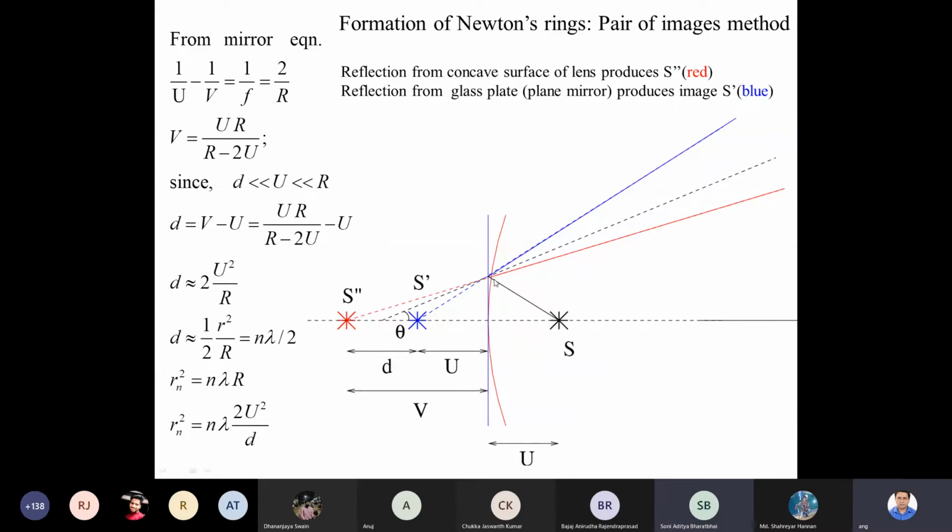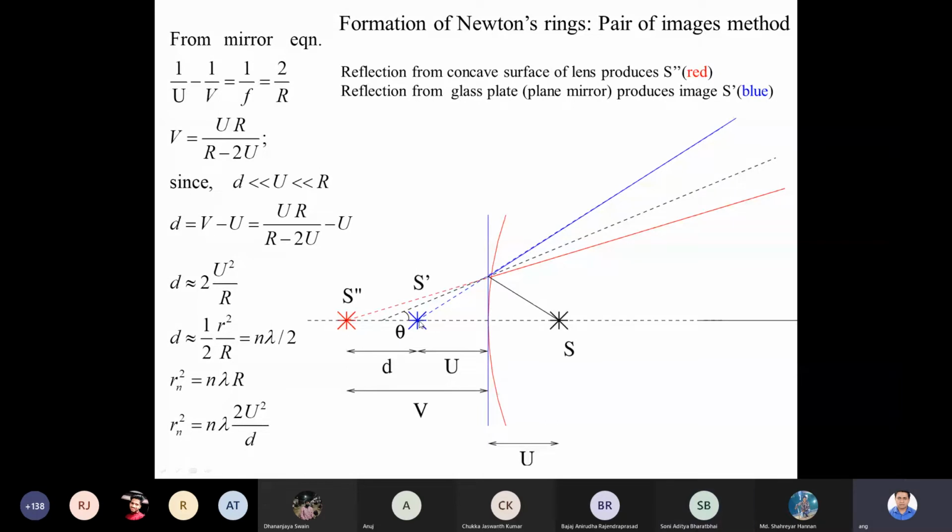Okay, so in this combination, what you can think is that you have a partially reflecting surface, this red one. That is why some light goes towards this blue one, and then there is a difference. Suppose you draw a ray passing through this optical axis O, what will happen?